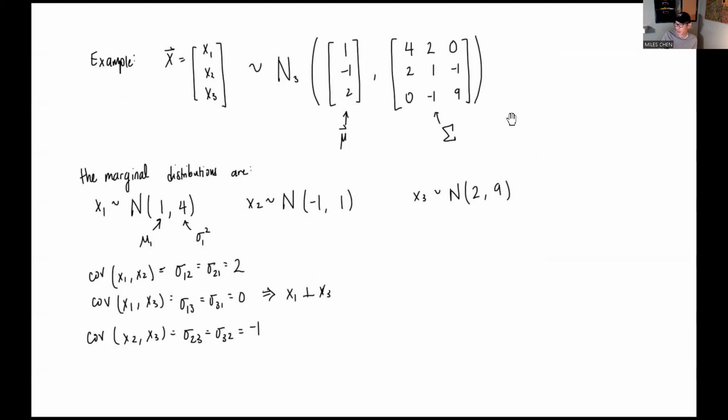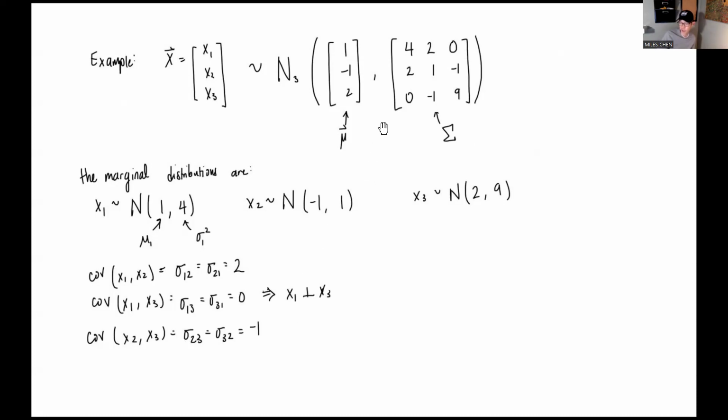What we see is that there is covariance between x1 and x2. The covariance is 2. There is no covariance between x1 and x3. x1 and x3 are independent or orthogonal of each other. And x2 and x3 do have covariance, but negative covariance there, okay?